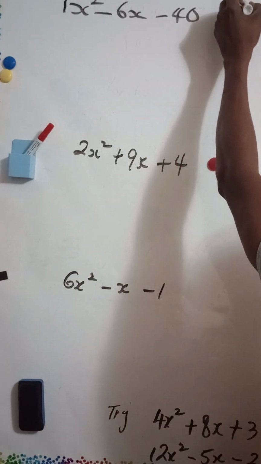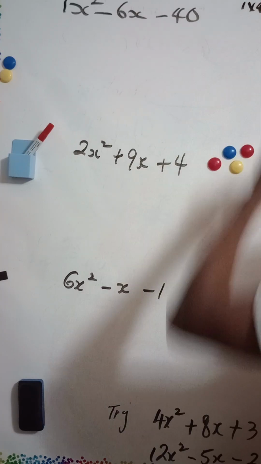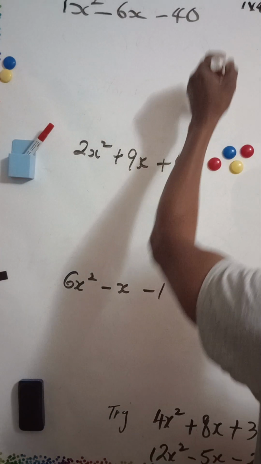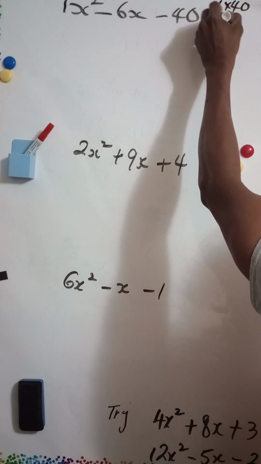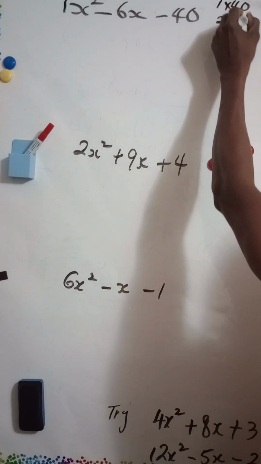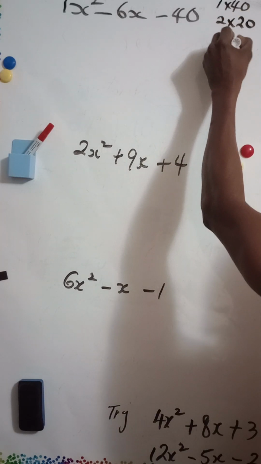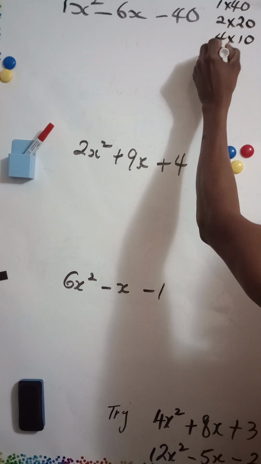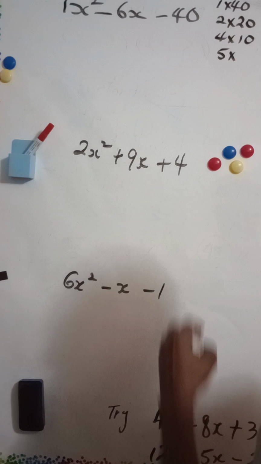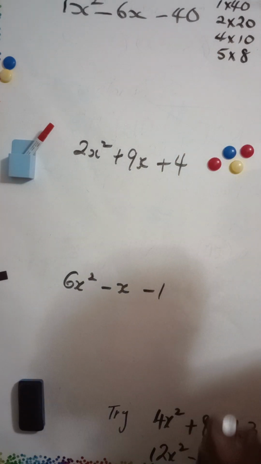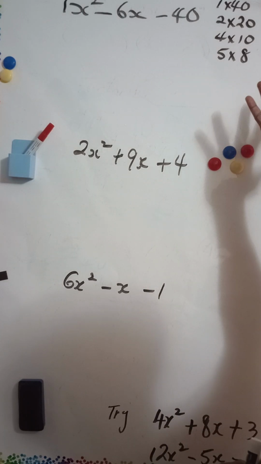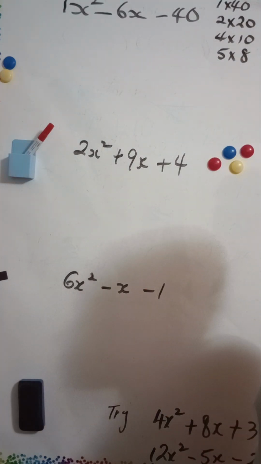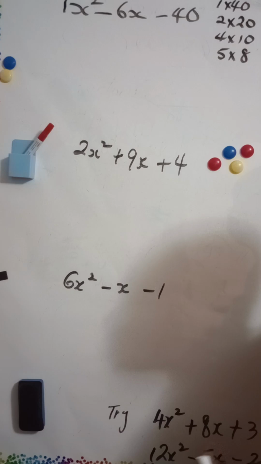So now we're gonna have 1 times 40, 2 times 20, 4 times 10, 5 times 8. 6 times, we don't want 6 times any decimal number. 7 is going to do the same thing. And we have 8 times 5, and we have 5 times 8 already. So these are all the pairs of factors that can multiply and give us 40.